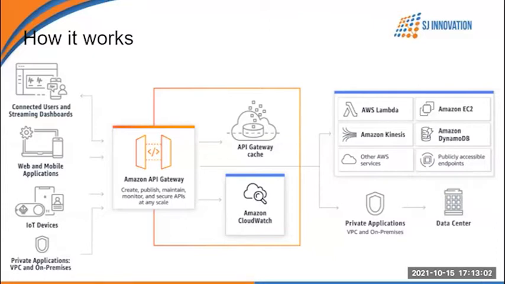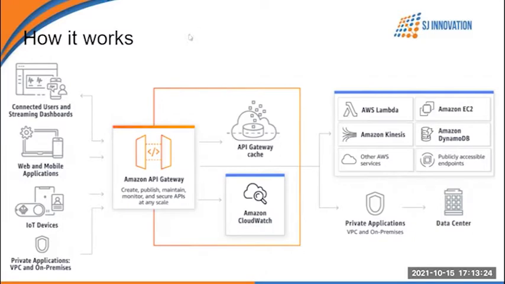And similarly, we can have VPCs, virtual private cloud, for those applications in the office or under the corporate center, that internal network, we can make use of API gateway.